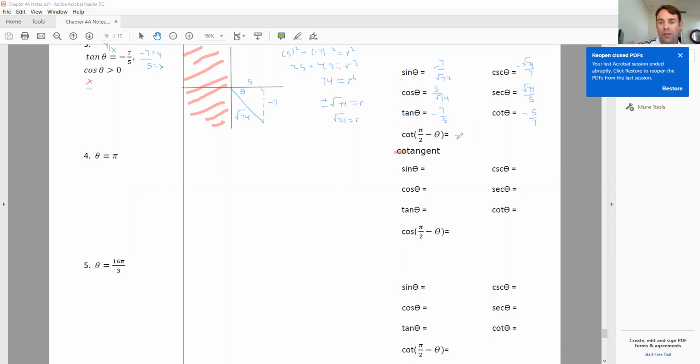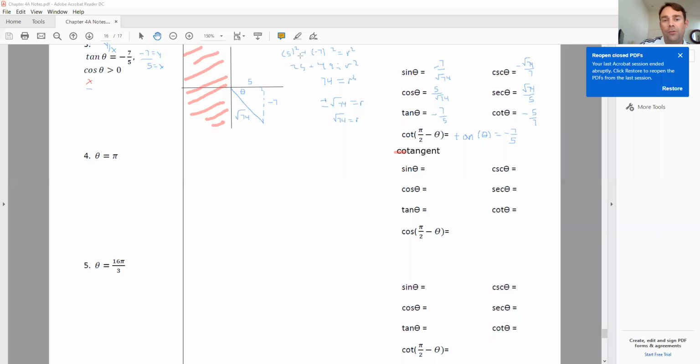So that means this is tangent of theta, which would be -7/5. Remember, if there was no co in front of the trig function, we add the co. But since this had a co, we take it away.